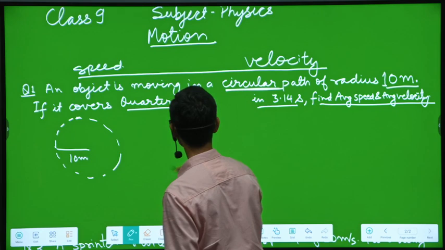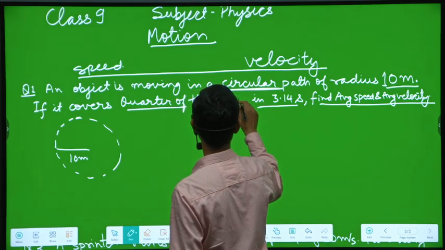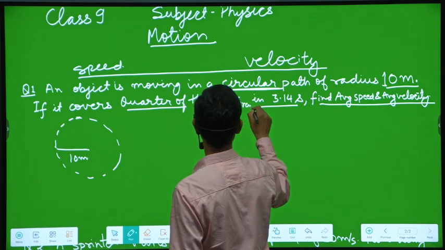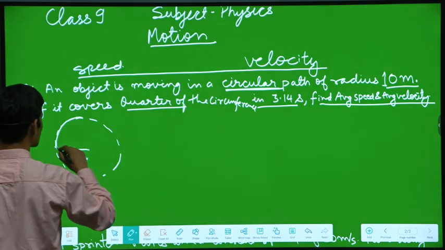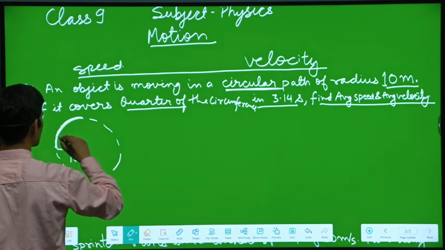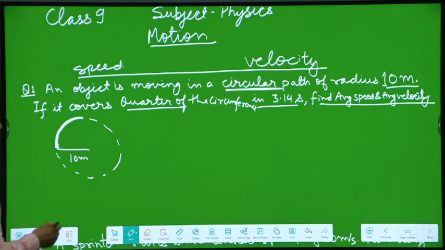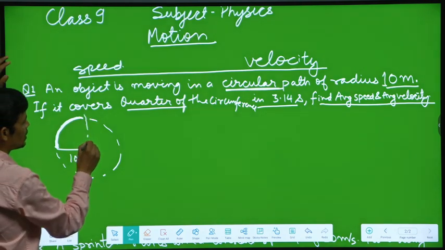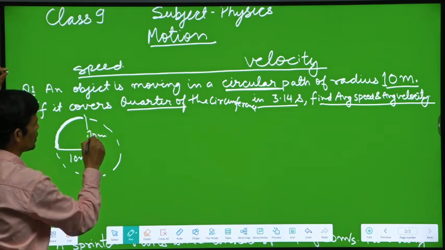Quarter of the circumference. Obviously, this angle is 90 degree. There is also radius 10 meter.